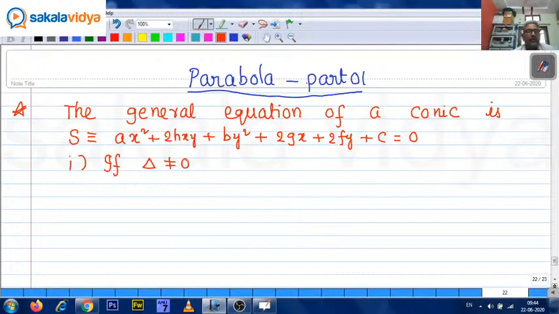Next, if delta does not equal 0 and h square equals ab, then S equals 0 represents a parabola.